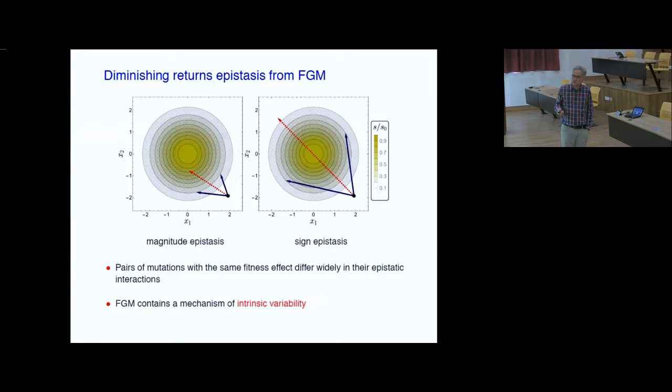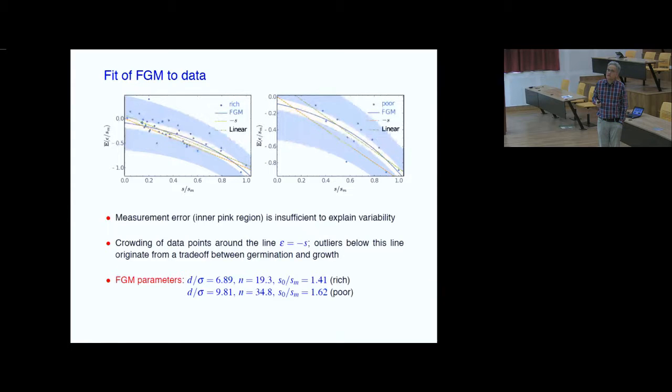You can compute from the model a prediction for the distribution of epistatic effects conditioned on the single mutant effects, and fit it to the data. Here we have the epistatic interaction as a function of the selection coefficient normalized by the largest selection coefficient that was observed. Here is 0, and you see that typically these interactions are predominantly negative.